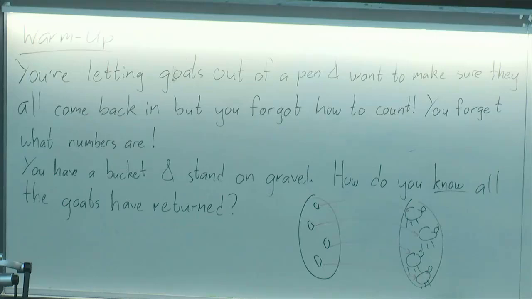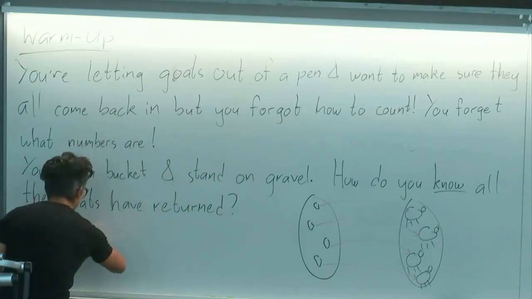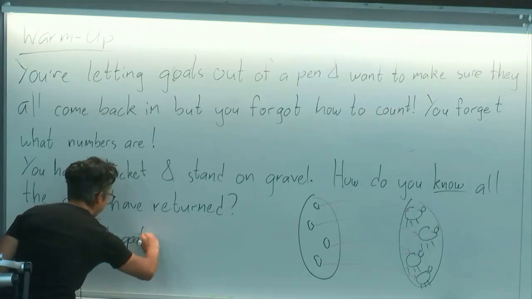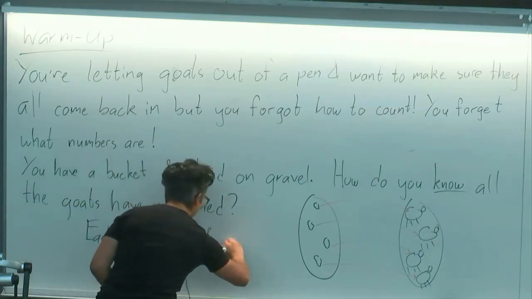So even if you don't know what numbers are, you do have a tie from the amount of gravel in your bucket to the amount of goats there are. You can always use that correspondence to tell if you have each goat. So really, what you want is, yeah, we can see that up there. Each goat has a rock and only one rock.